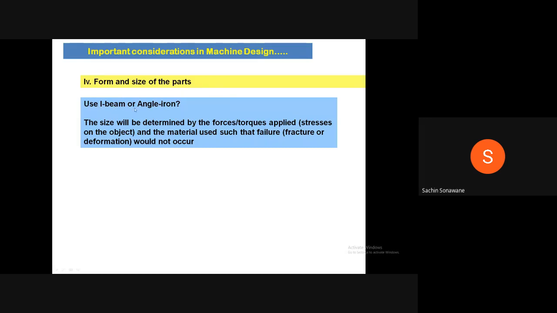Use of I-beam or angle. The size will be determined by the forces or torques applied and the material used such that failure would not occur.